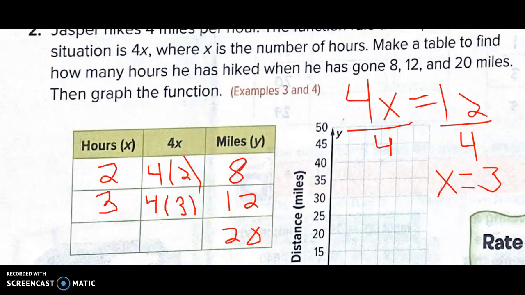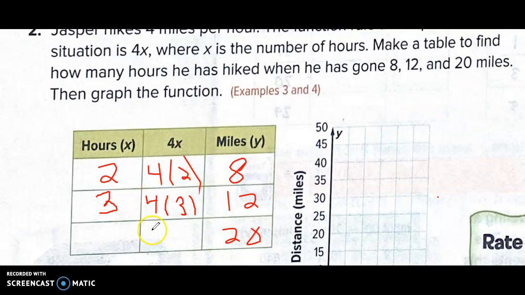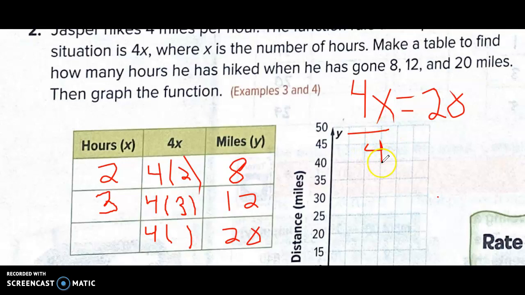All right, last one. We have 4 times a number is going to give you 20. So 4 times what gives you 20? I'm going to write out my equation. 4x equals 20. Divide both sides by 4.